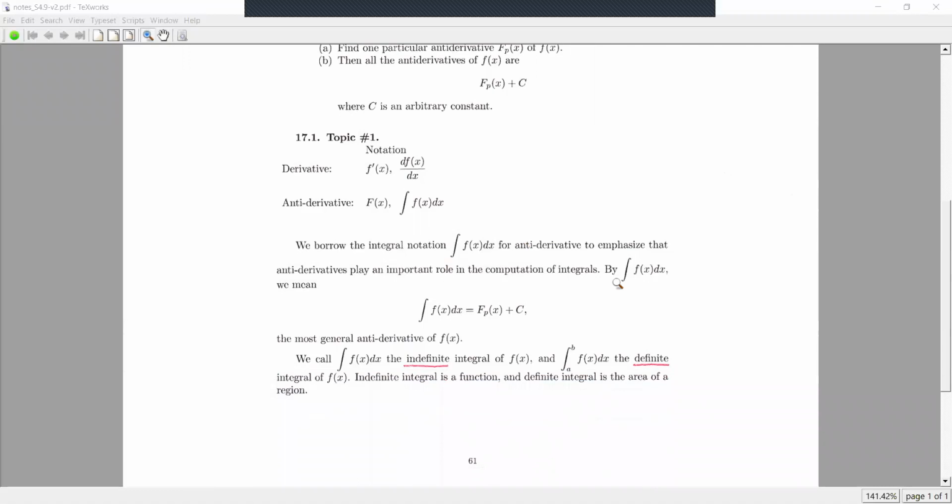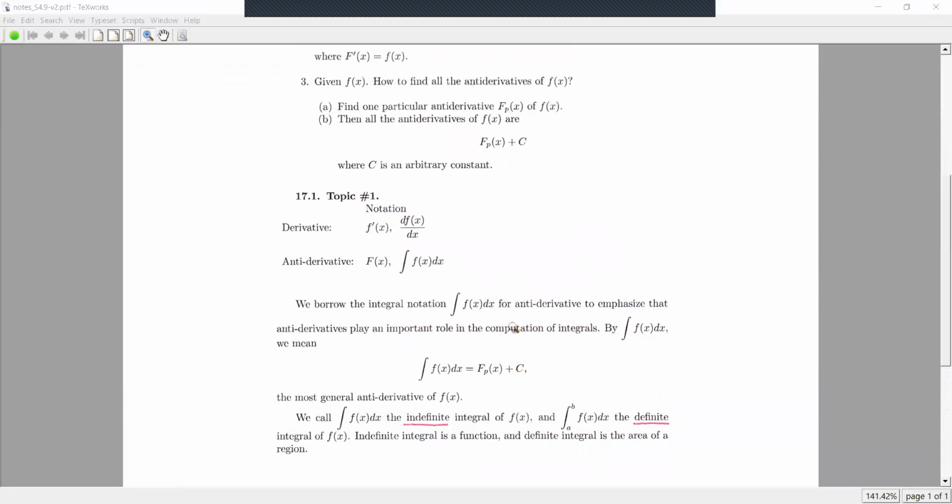By this integral notation, we mean the most general antiderivative of the function little f. It means that by this notation, we mean a particular antiderivative plus an arbitrary number c.